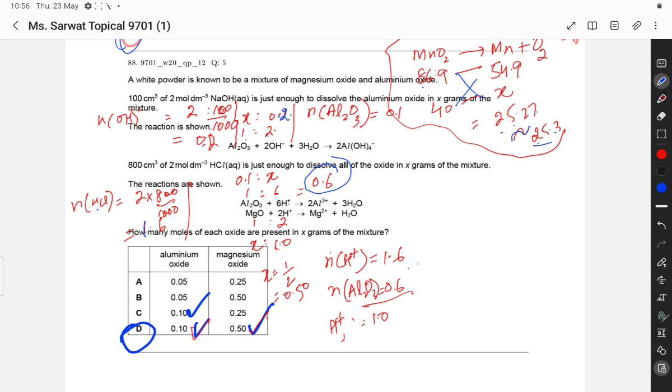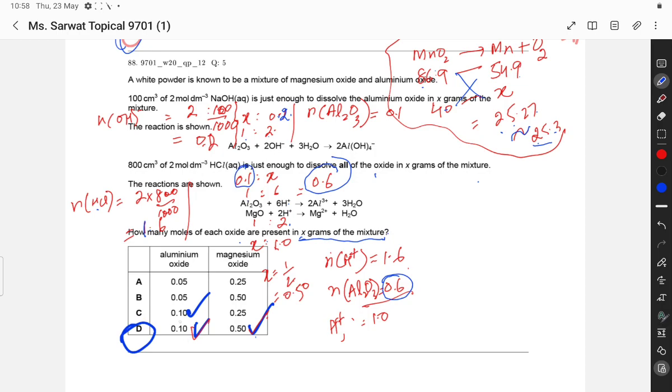So the mole used is 0.6, and the original mole is 1.6. We subtract to get the mole left behind.